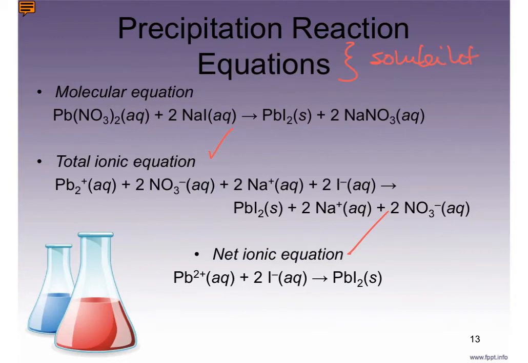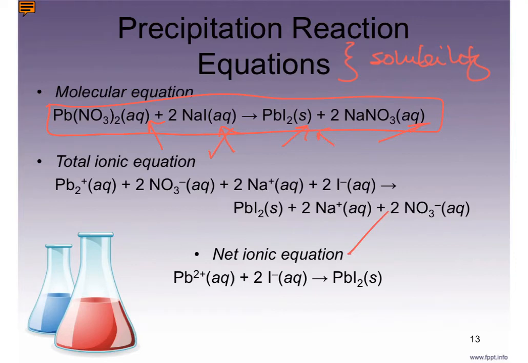That's why you need to get really familiar with the solubility chart, or you're not going to have any idea what to do. All right, so here's the molecular equation. And then you would go to the solubility chart and put the state of matter for everything. So we do have a precipitate.